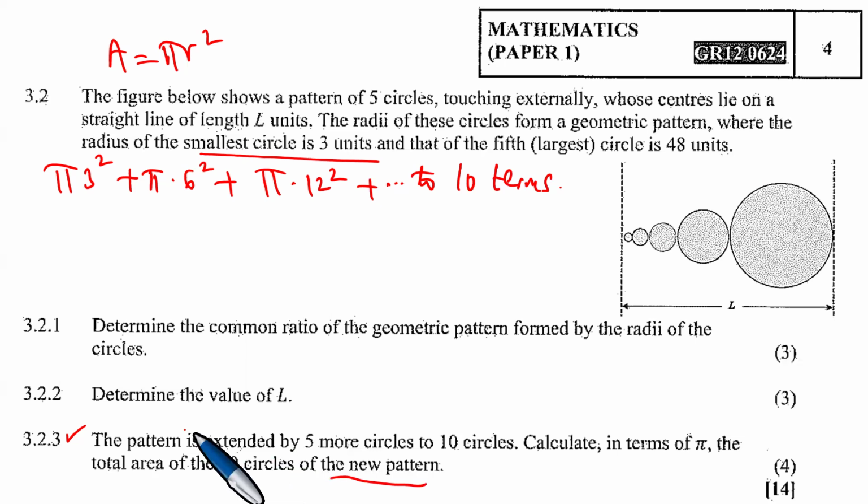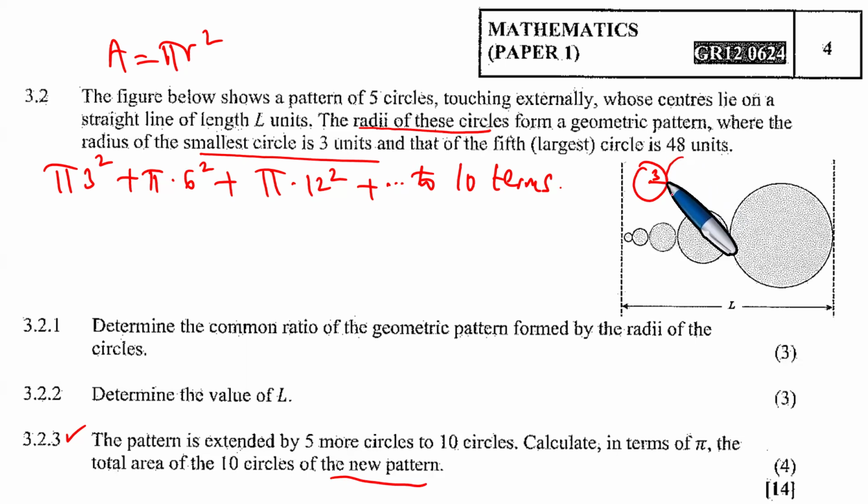So now there's a new pattern that is formed. There are a couple of things that you need to take note of here, because the radii of these circles form a geometric pattern. There's the radius of the smallest circle, which is exactly 3.